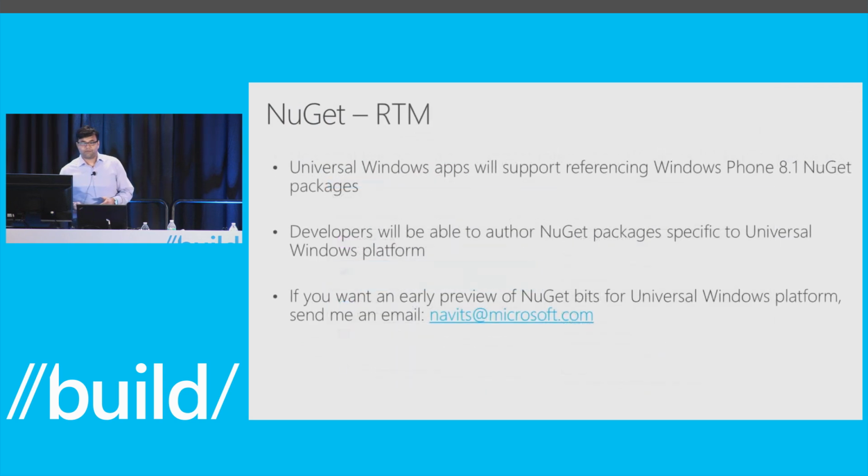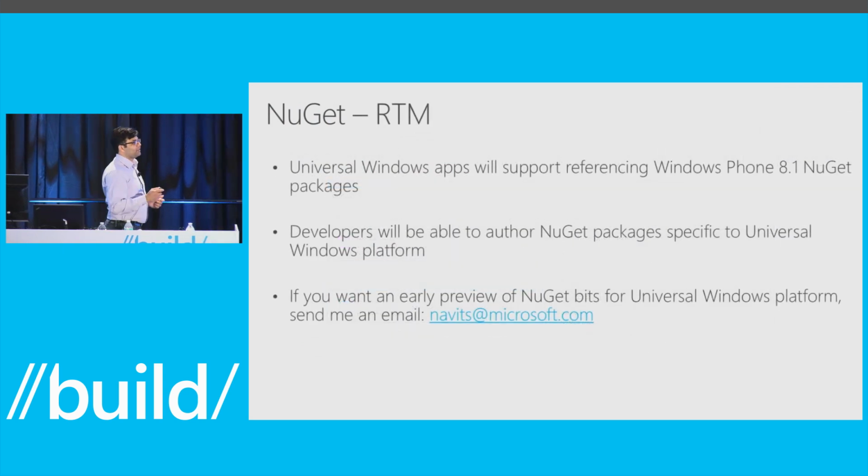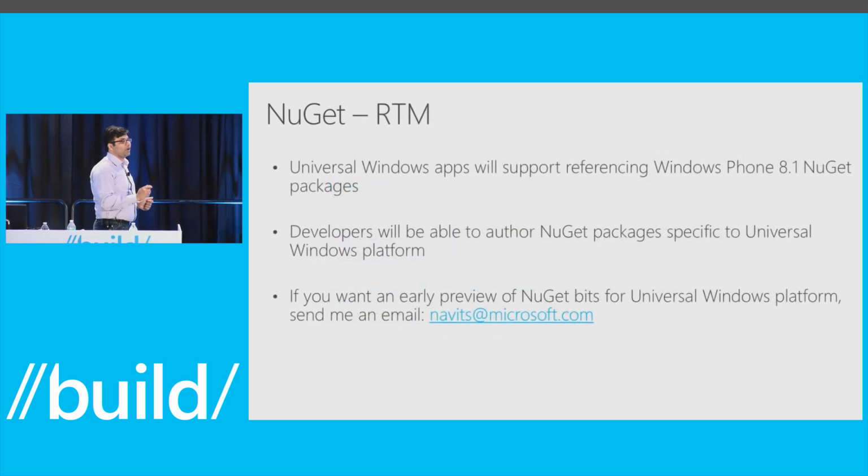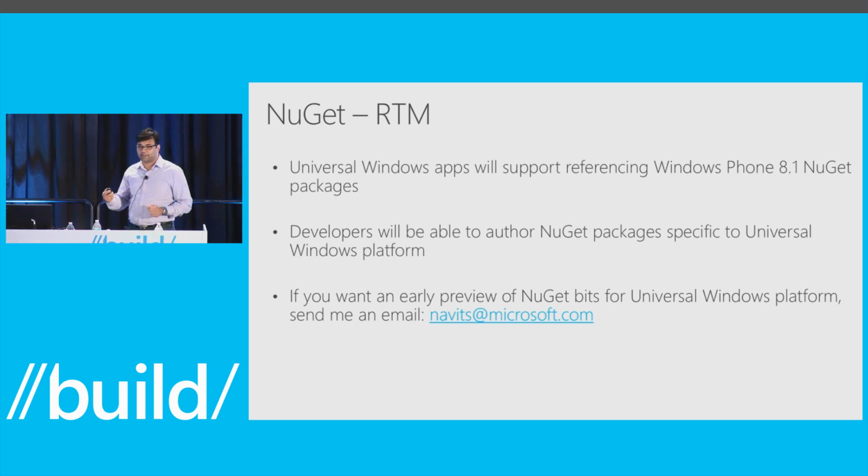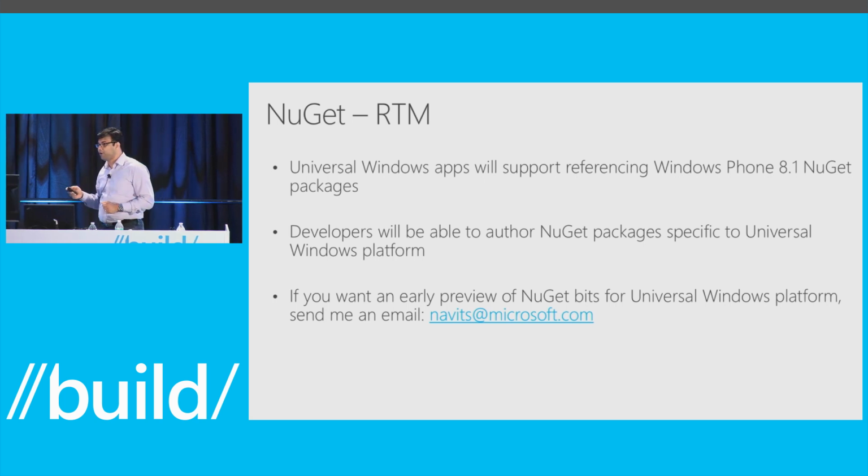At RTM, we will also support referencing Windows Phone 8.1 NuGet packages in your Universal Windows app. We are still working on it. It's not fully there, and hence it is not supported as part of Visual Studio 2015 RC. But at RTM, we will support referencing a Windows Phone 8.1 NuGet package as well in your Universal Windows platform.